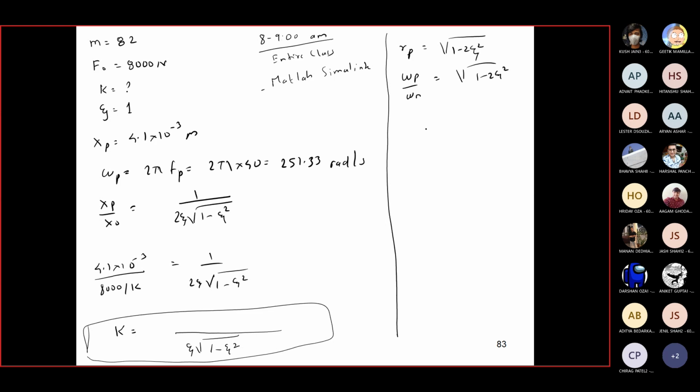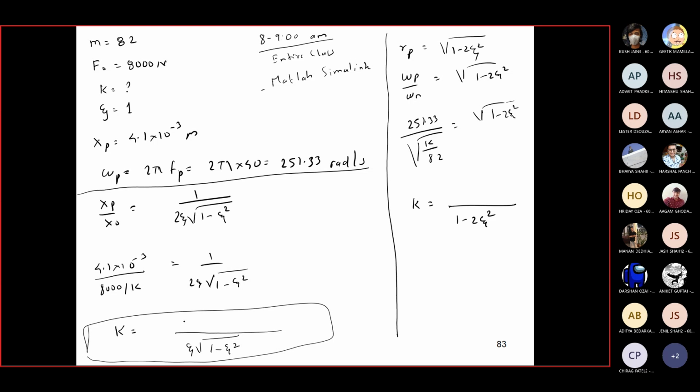Omega p is the peak frequency that you have already calculated, that is 251.33, divided by omega n, which is square root of k by m, that is k by 82. This is equal to square root of 1 minus 2 zeta square. So you get another equation in terms of k. So k is equal to something else divided by square root of 1 minus 2 zeta square. You get two equations of k, one over here, one over here. Equate these two and find out the value of zeta.